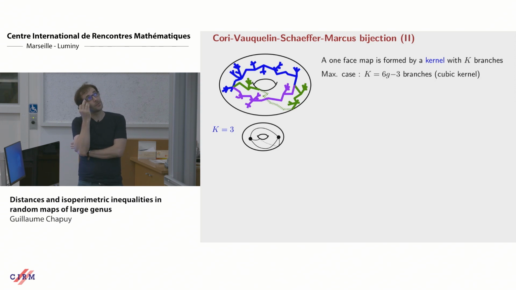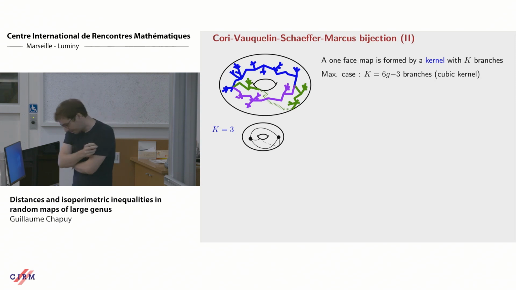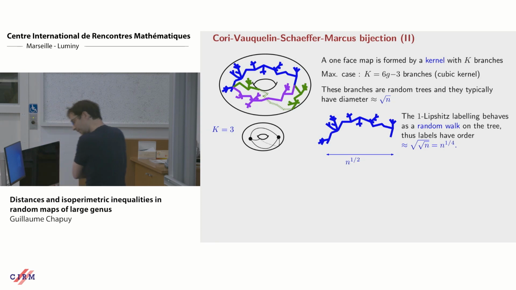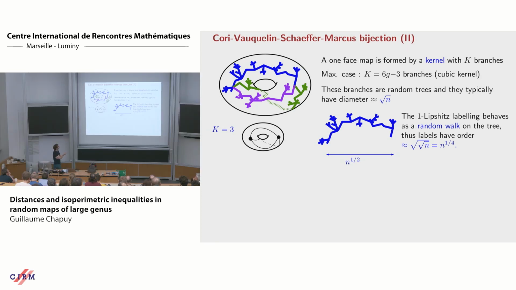And so to come back to our main question, which is about global properties of the maps. I'm going to be a bit quick here, but each of these branches is some sort of random tree. If you cut here only the blue branch, it's a tree. And random trees have diameter square root n, typically.